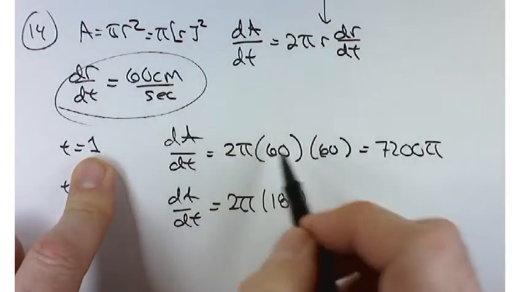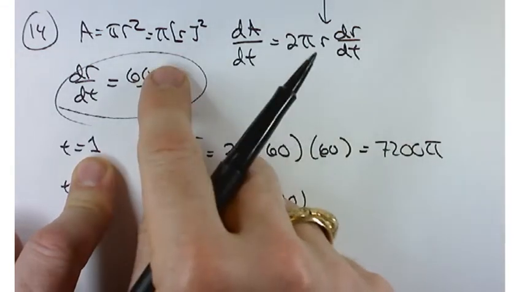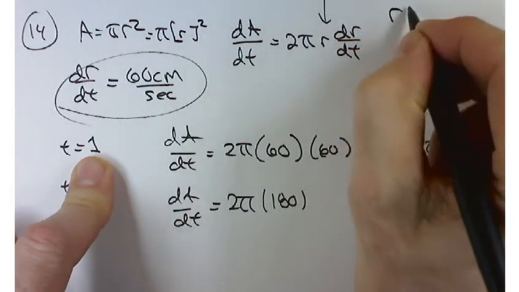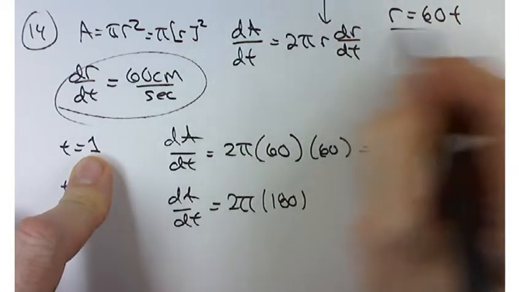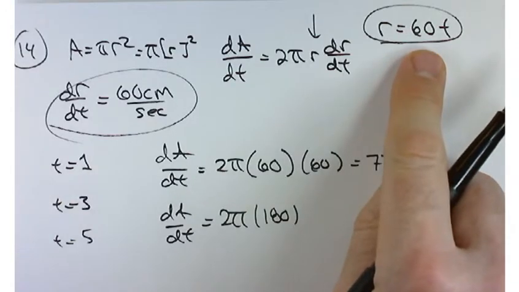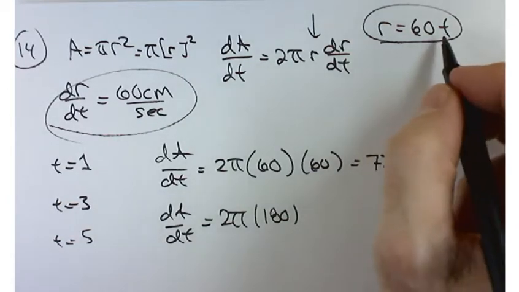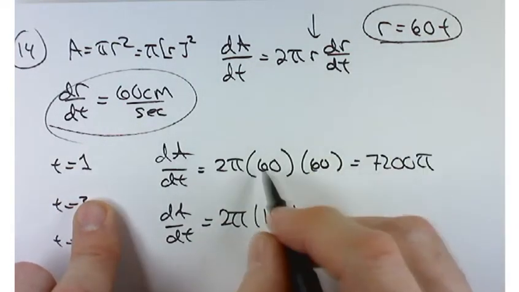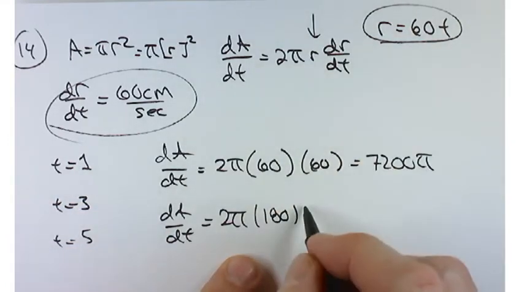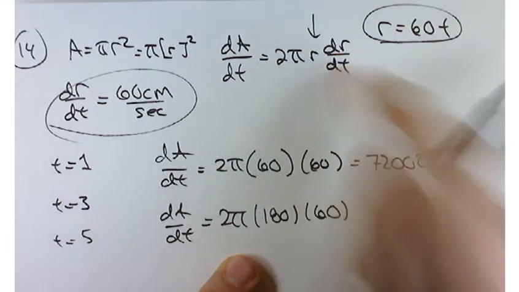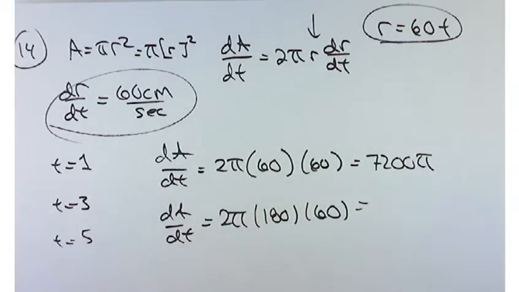It's 60 centimeters times 1. In other words, r is 60 times t. That's what we're using. So 60 times 1 gives us 60. 60 times 3 gives us 180 times dr by dt.